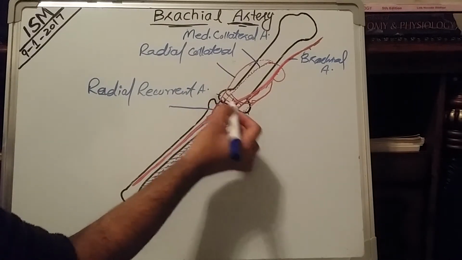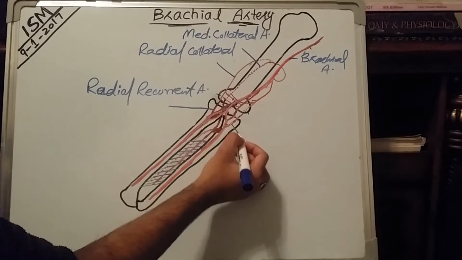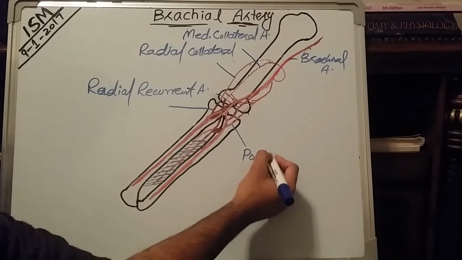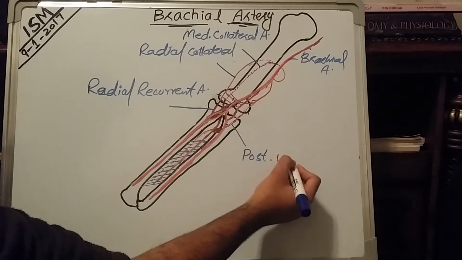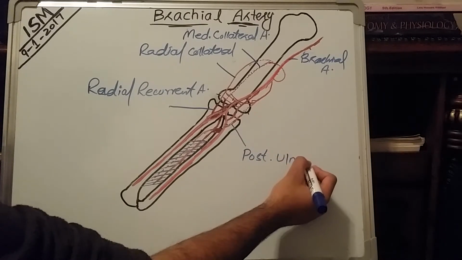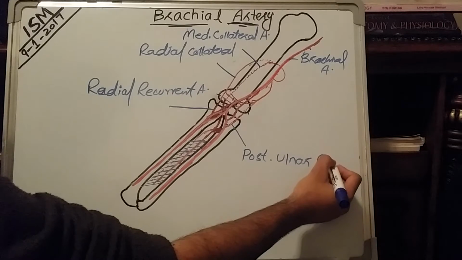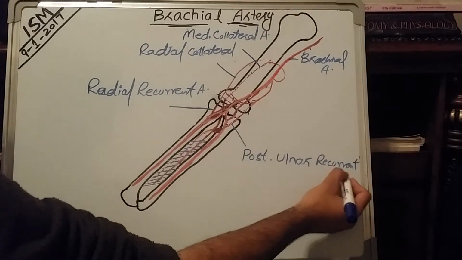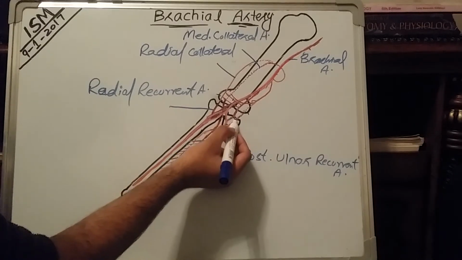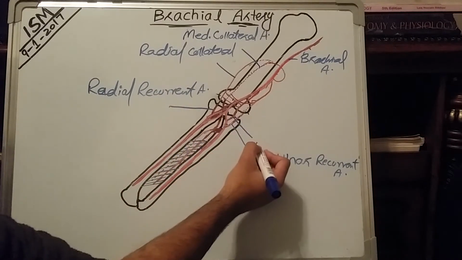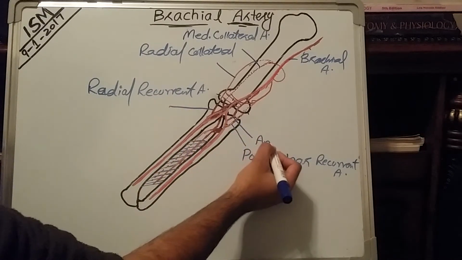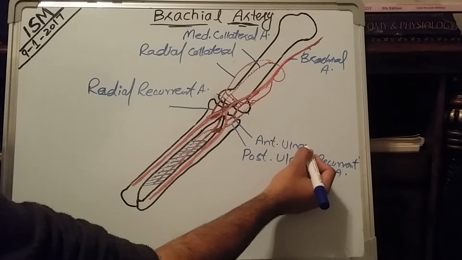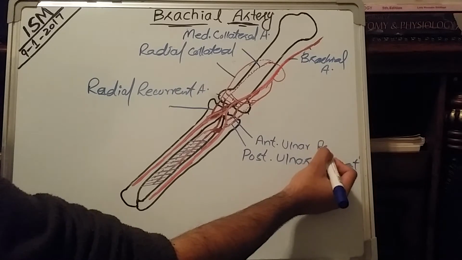And this is the posterior ulnar recurrent artery. This is the anterior ulnar recurrent artery.